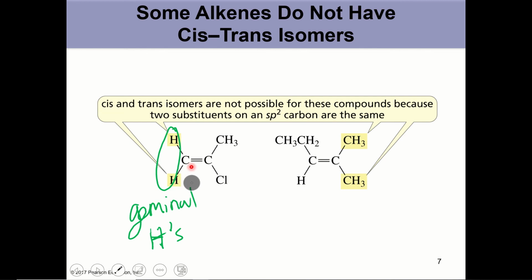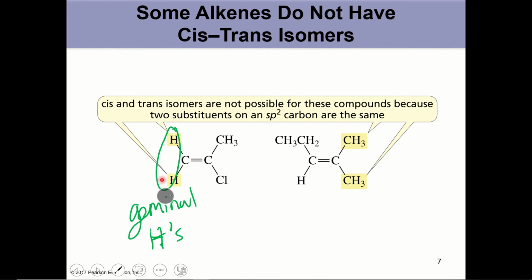So the groups that are the same atom or group of atoms must not be bonded to the same carbon. If they are bonded to the same carbon, that is called geminal. Geminal groups are two groups that are bonded to the same carbon.